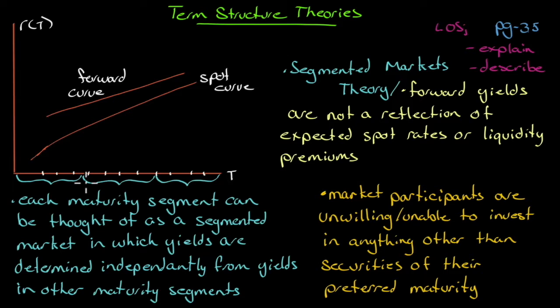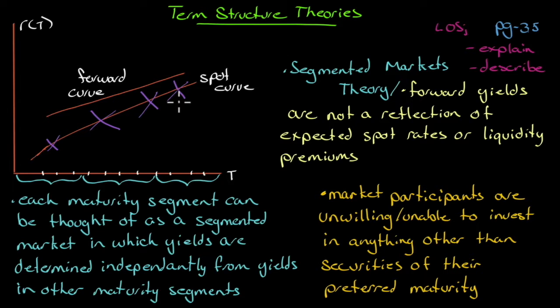So if there are more players in the market that cannot touch long-term bonds, that only have to deal with money market funds, then there'll be a different supply and demand fundamental here than there would be here. There'd be a different supply and demand fundamental to hit equilibrium in this market, and in this market, and in this market, etc. So the shape of the yield curve represents the supply and demand fundamentals in those particular segments only.